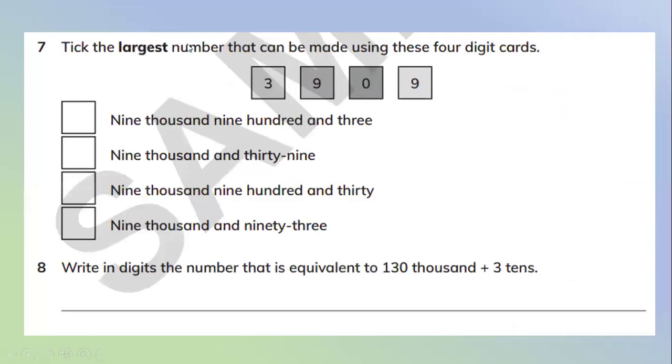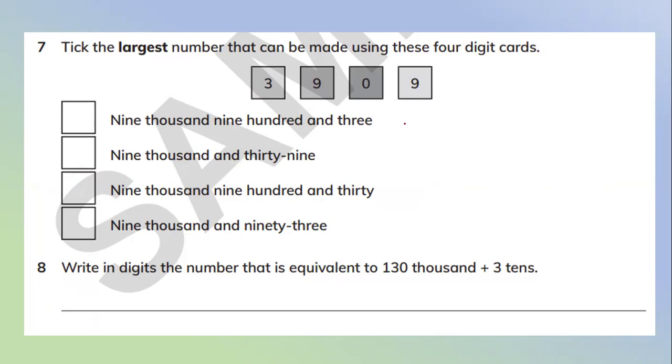Number 7. Take the largest number that can be made using these 4-digit cards. If we write down the digits first, it is easier to do.